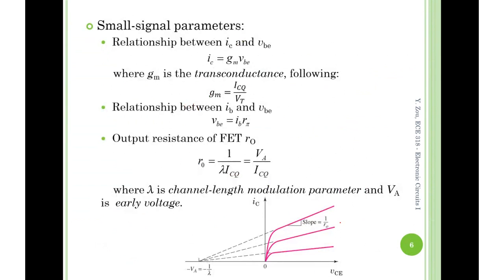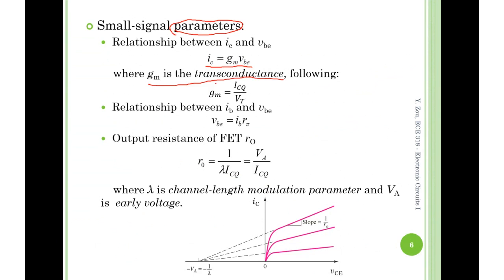And to introduce the small signal circuit, we need to talk about the parameters first. So first of all, your IC in the AC small signal circuit equals gm times VBE. gm is transconductance. We learned this term back in MOSFET as well.